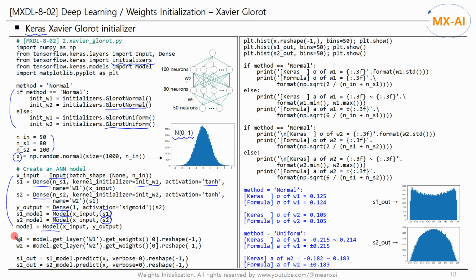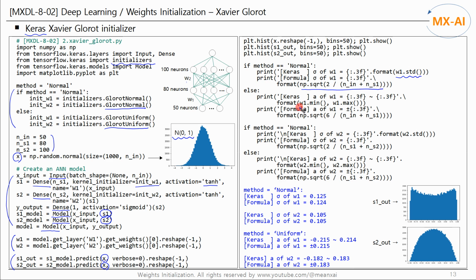Check the initial weights of the hidden layers, W1 and W2. And check the outputs S1 and S2 of each hidden layer when input data X is fed into these models. Let's check the standard deviation of W1 calculated by Keras when using a normal distribution. Then, use this formula to manually calculate and compare the results.